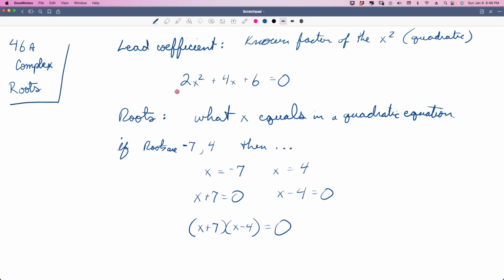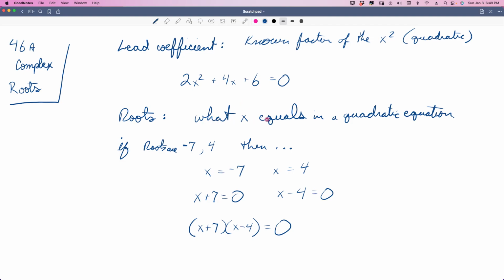We don't want to have to deal with another factor. So typically we divide every other term in our quadratic equation by the lead coefficient just to simplify the whole equation so that we can bring it down to smaller numbers, which are easier to then factor to find our roots. That leads me to roots.